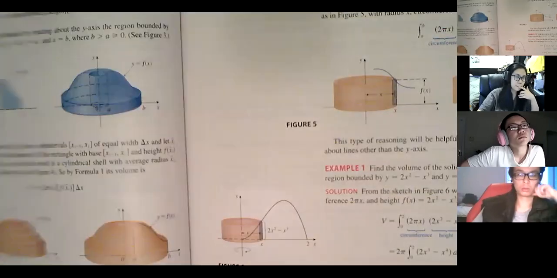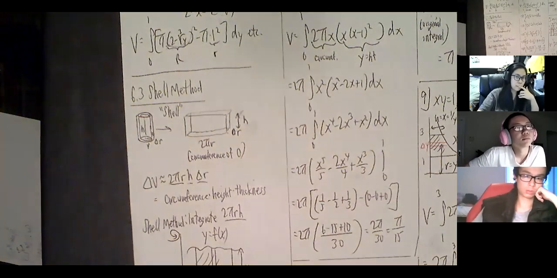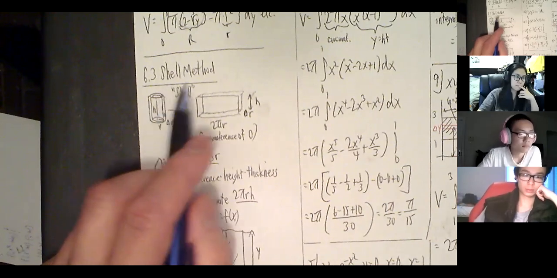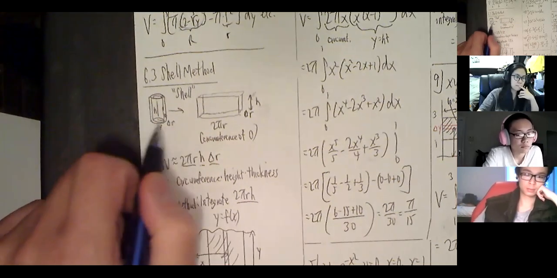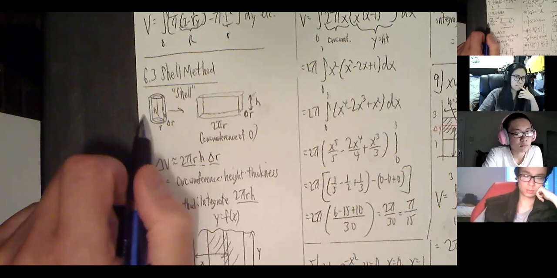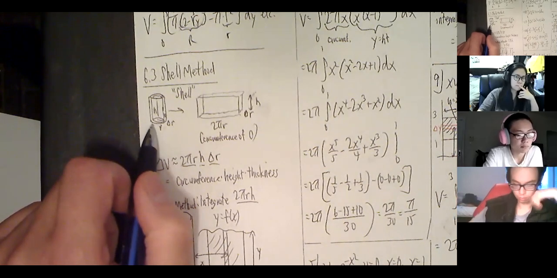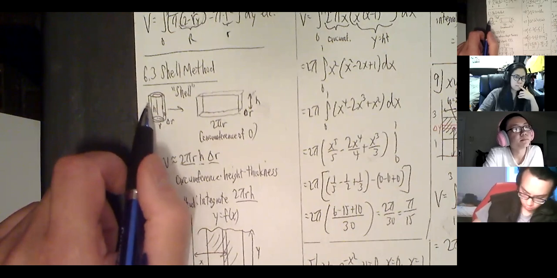So we're doing something called cylindrical shells. To motivate that, let me show you what I got here. The shell method: suppose I have something that looks like this. It's like a can. Can you imagine a can, like in a supermarket, a can of corn, can of soup, or whatever?